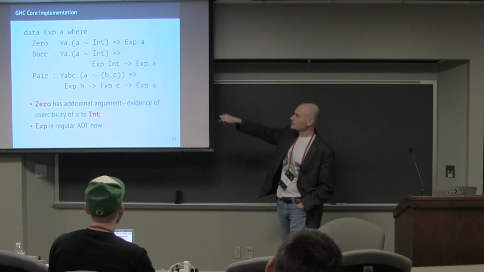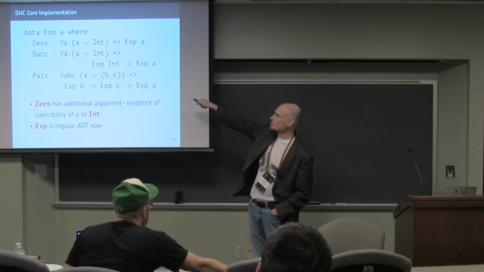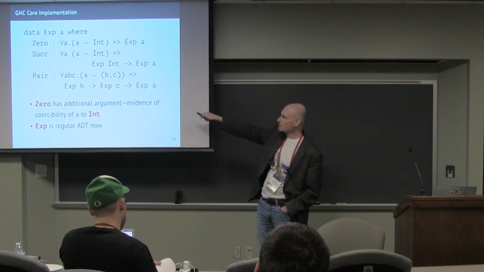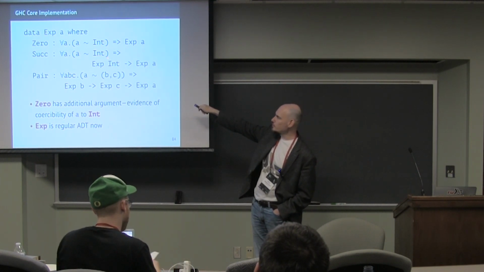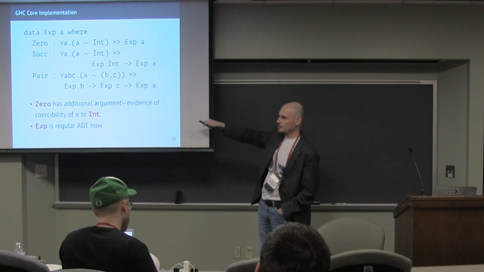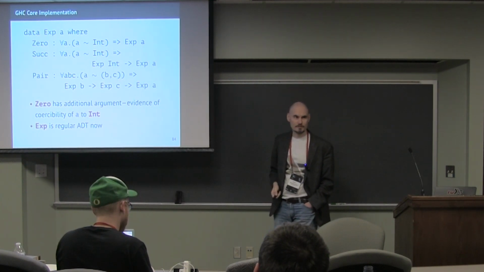But you have this constraint, which is a type constraint. So in this constructor, you say, well, a should be coercible to int. And then the type is xa. Here again, a is coercible to int, and the type is again xa. And here a is coercible to a pair of b and c, and the result is still a.